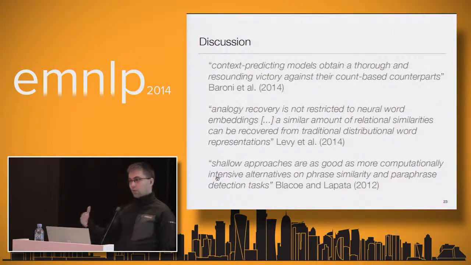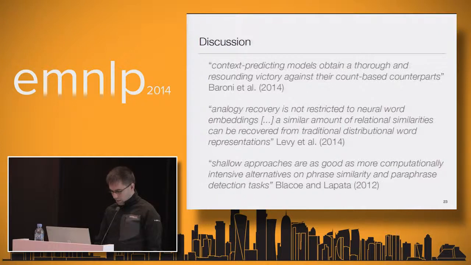And if you look further in the literature, two years ago Blacoe and Lapata did a study comparing distributional vectors with neural vectors, and they say that shallow approaches, shallow meaning distributional, are as good as more computationally intensive alternatives on phrase similarity and paraphrase detection tasks. But that might be because they used a different model from Mikolov's.